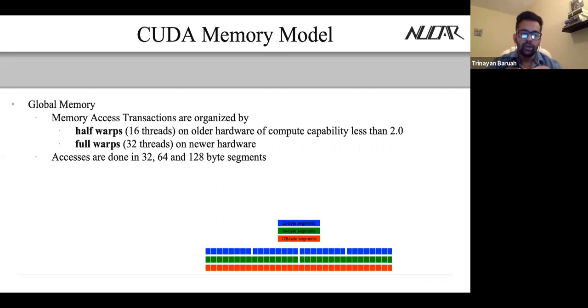The newer GPUs are all based on full warp, so that's all compute capability greater than 2.0. And that's the granularity of memory access transactions. The accesses are done in 32, 64, and 128 byte segments. And the basic idea is that consecutive addresses can be read quickly. And that's because of how the hardware is organized.